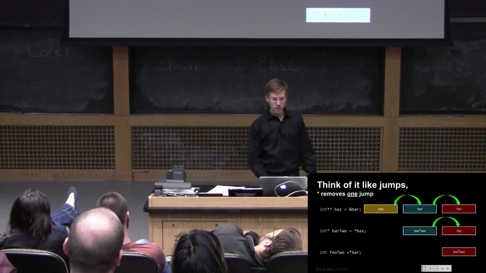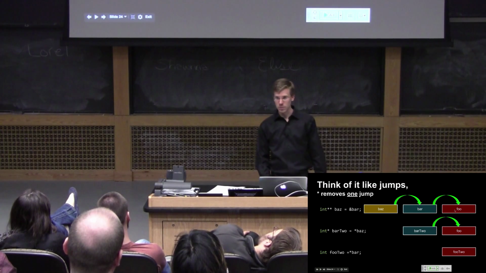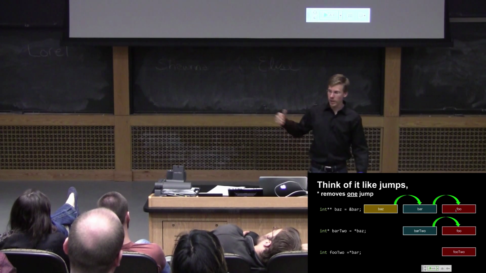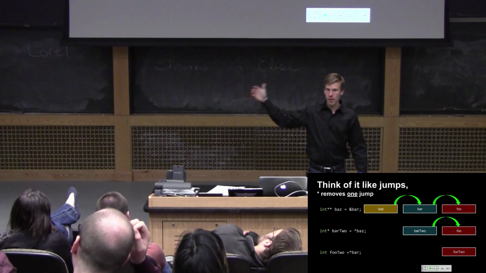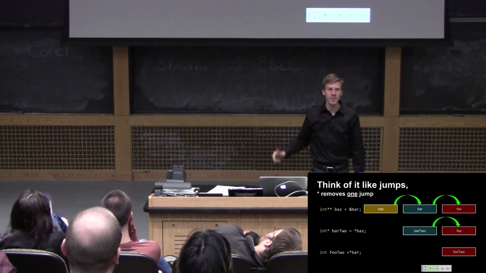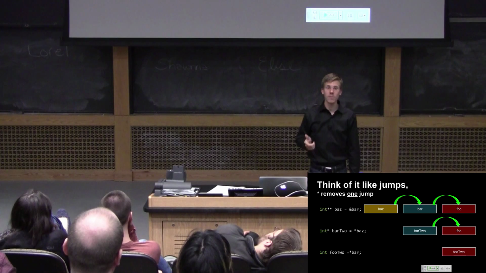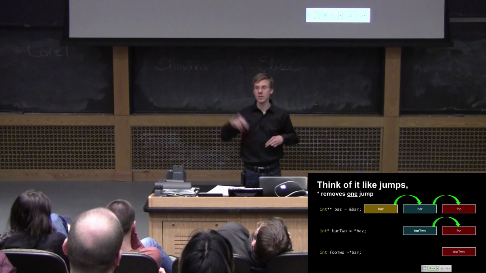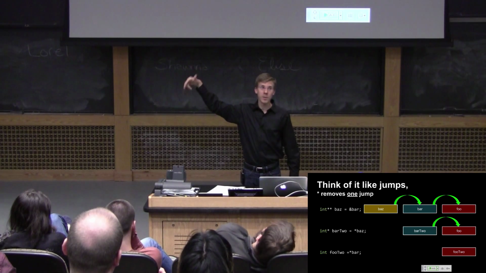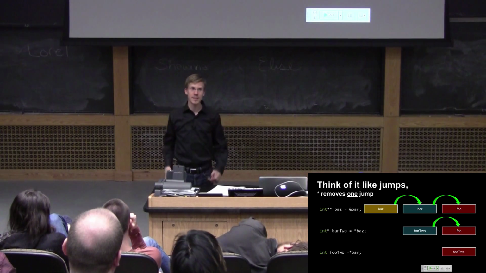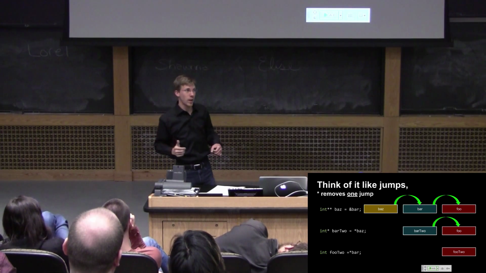So if you've got a pointer to, say, an int in this case, if I no longer want a pointer to a pointer, if I no longer want a pointer to an int, I can dereference it once, and it gets rid of one of those jumps, one pointer. So now, I just jumped over one spot, and now I'm just a single pointer to an int. Now if I want that actual integer, I can dereference it again, and now I'm the actual int itself. And now I could change the integer's value if I wanted.